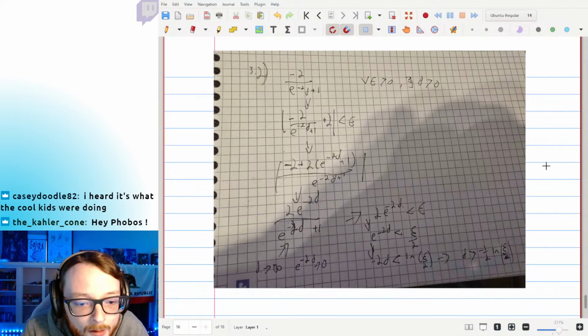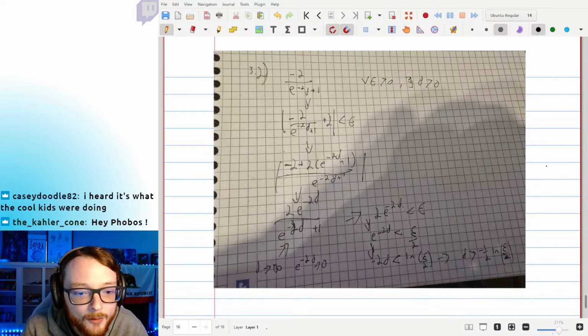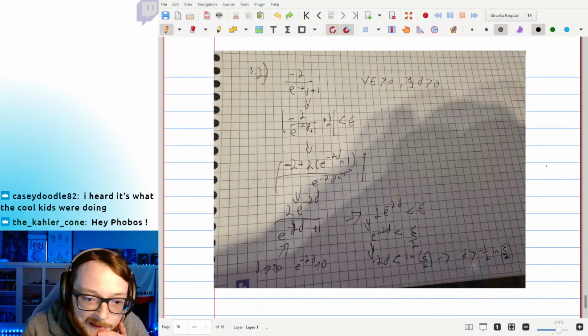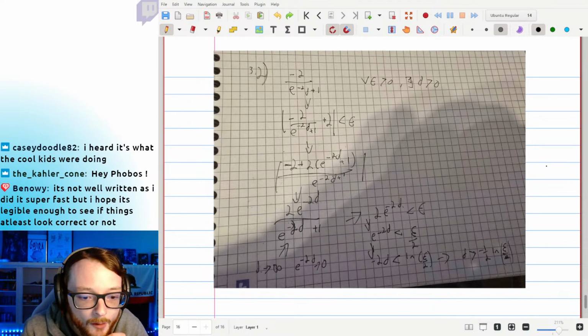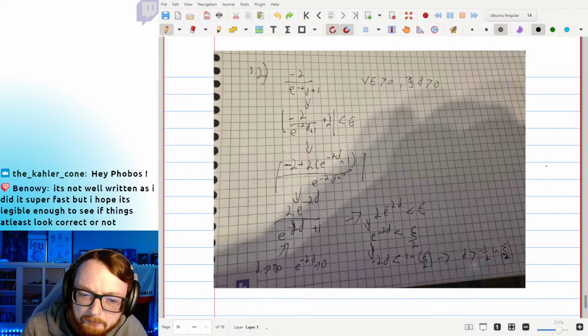Oh, I see. -2 +2. Okay, and then everything that results is a positive number, so you can get rid of the absolute value bars. Ooh, that does get a little bit annoying, doesn't it? I don't know how you went from this step to this step.